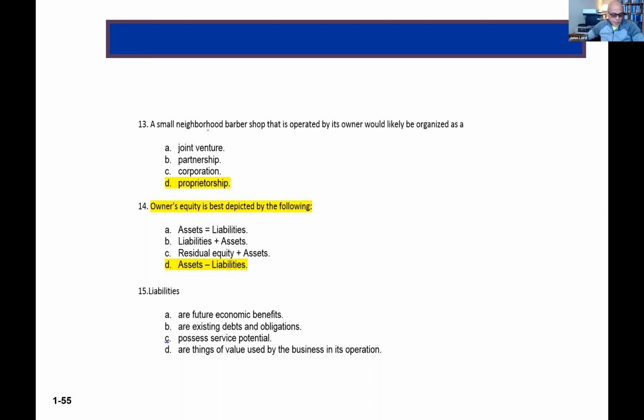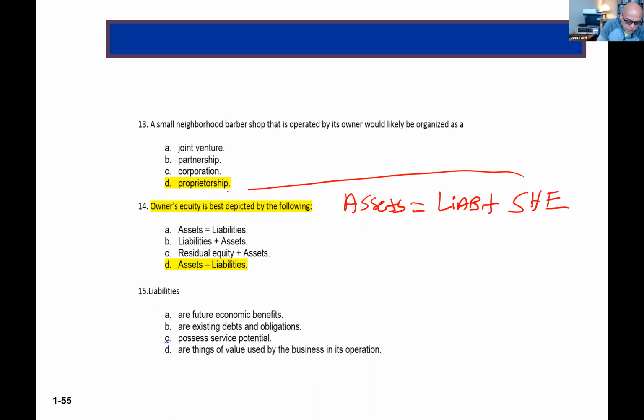Number 14, owner's equity. Now we know that assets equal liabilities plus, and we've been saying stockholders' equity, but stockholders' equity is synonymous with the owner's equity here. It means the same thing.